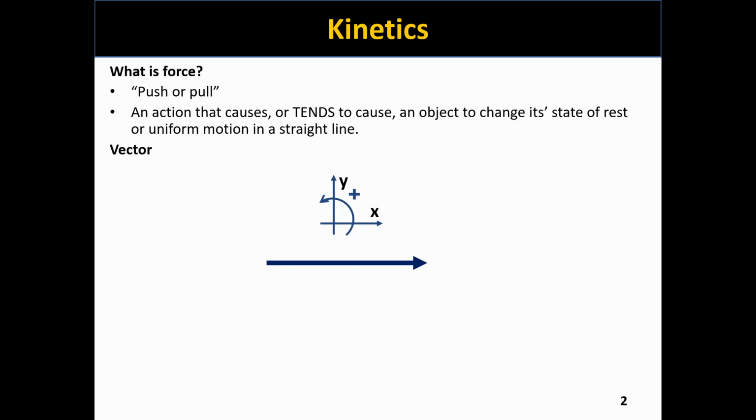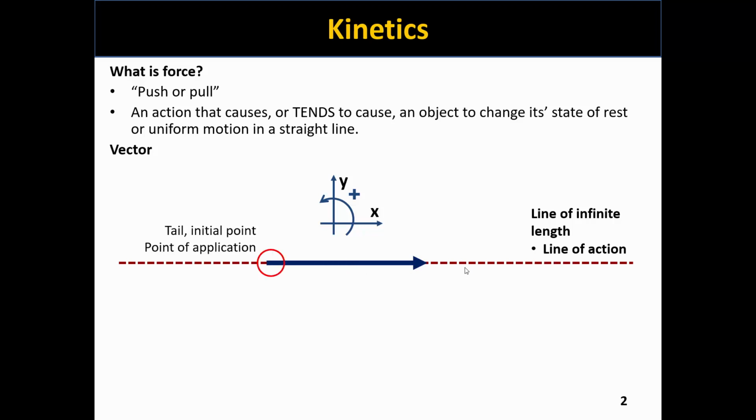But to come back to our vector, a vector by definition is simply a directed line segment, and we have to imagine a vector that sits on this imaginary yet infinite line of action, and that's what we see here in the dotted line, so that this vector can slide along this line.